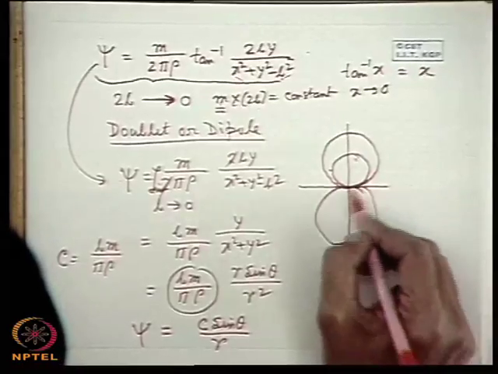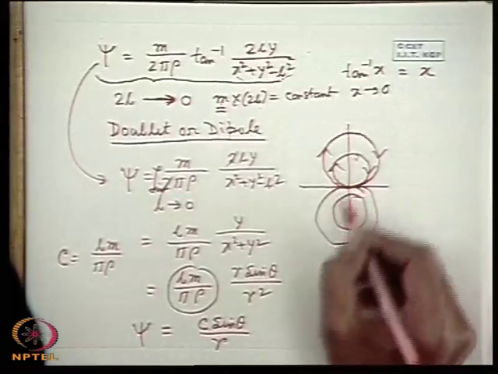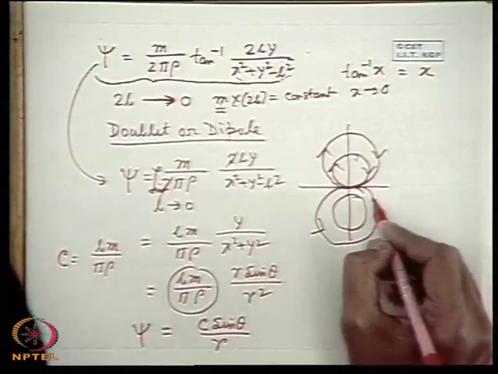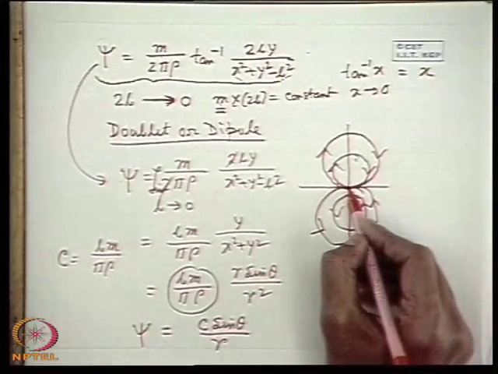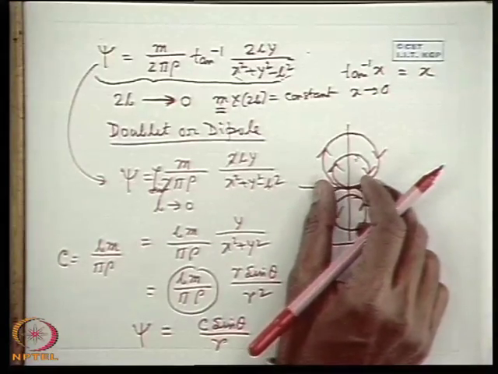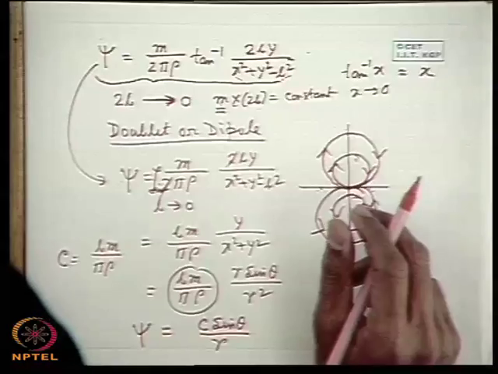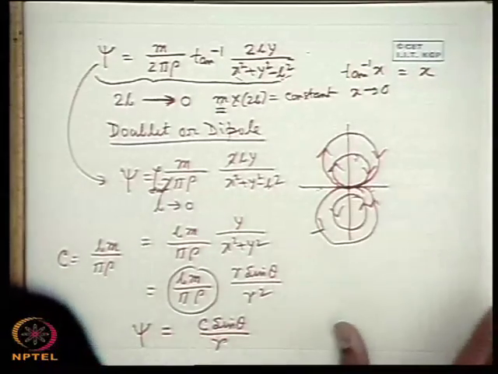This will be the nature of this dipole, where the dipole is at the origin because they are placed symmetrically about the origin and the distance of separation is tending to 0. This is the dipole or doublet, streamlines of the dipole or doublet, constant stream functions.